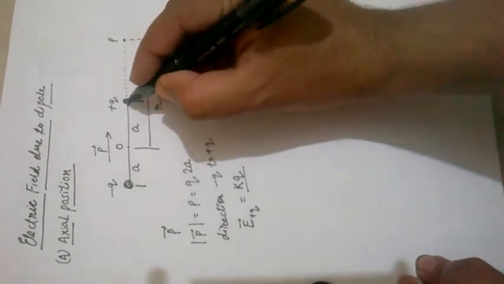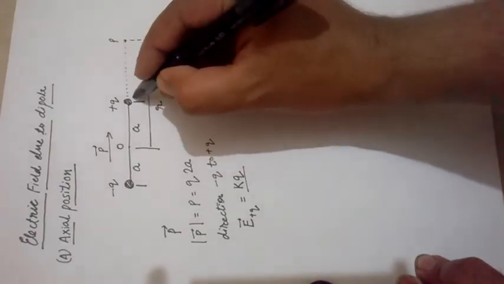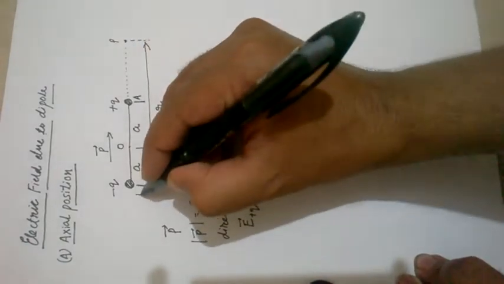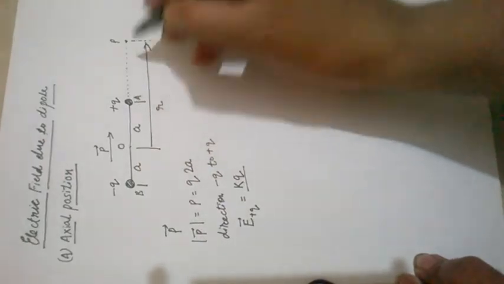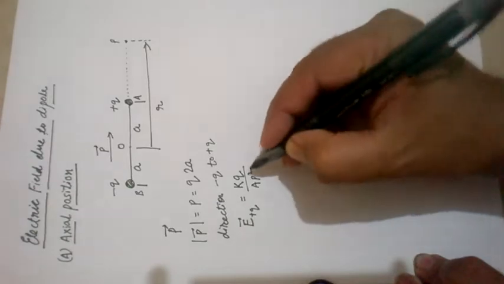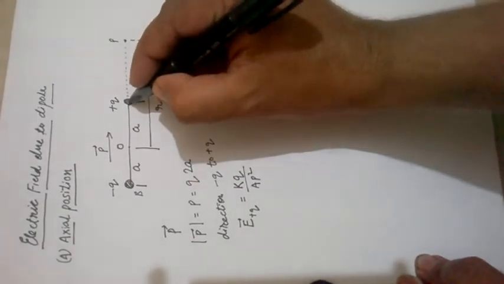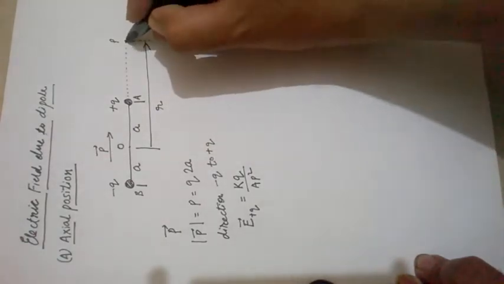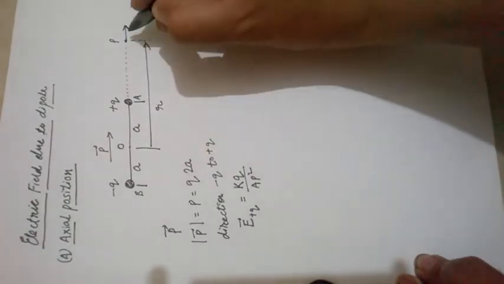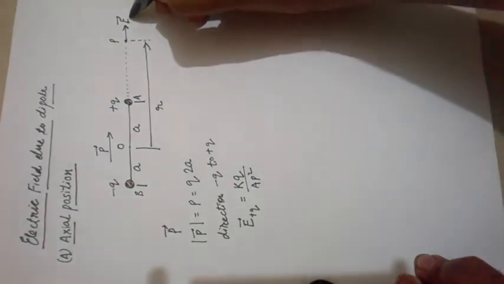What is the distance from this plus q charge to this point? If I call this A and this B, I have to take this distance AP squared. Now this is the magnitude of the electric field, but it has some direction. It is a positive charge, so the electric field is directed away from it.